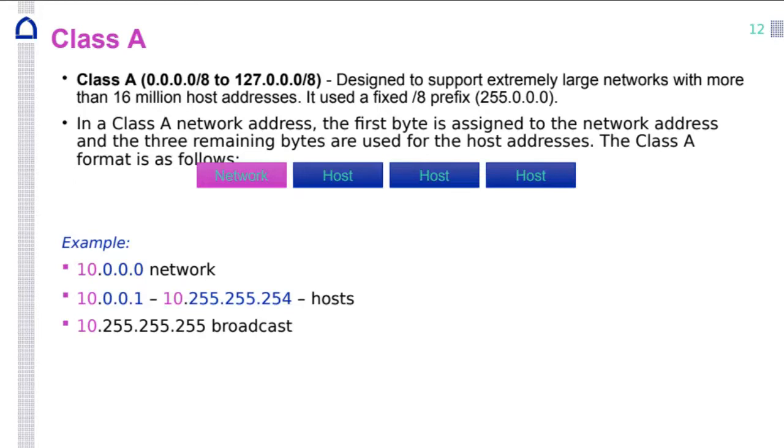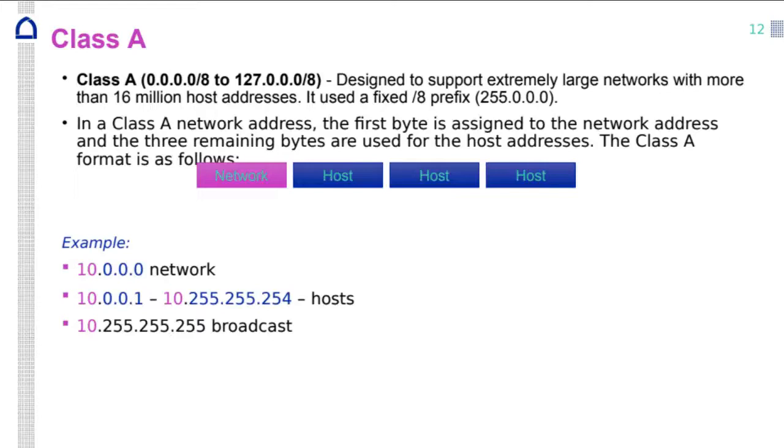Class C. Very good. So here we have class A, from 0.0.0 /8, meaning it's a class A, 8 bits. I'm only using the first octet. It's used to support extremely large networks with a very high number of hosts.